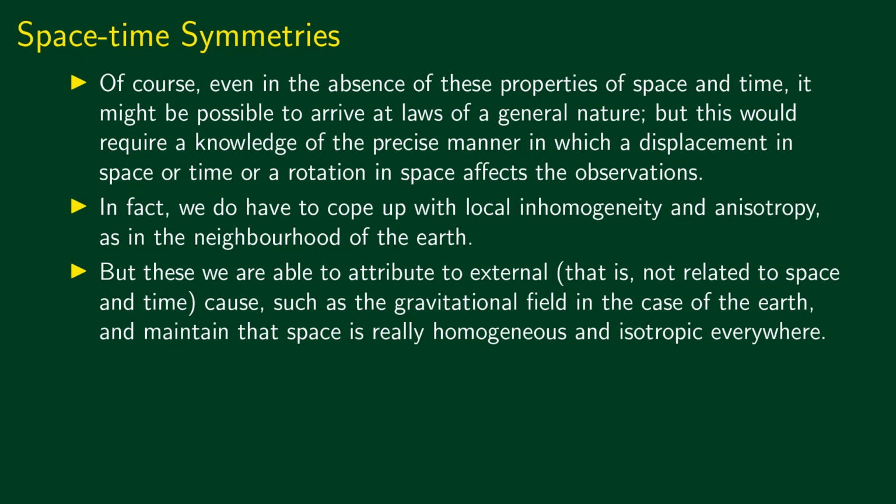For instance, such a general law would have to contain the information regarding how exactly they themselves change when we move from one point to another or from one point of time to another point of time. The life of a physics student would become much more difficult in that case, as you very well can imagine. So we are quite fortunate that these symmetries of space and time actually exist.